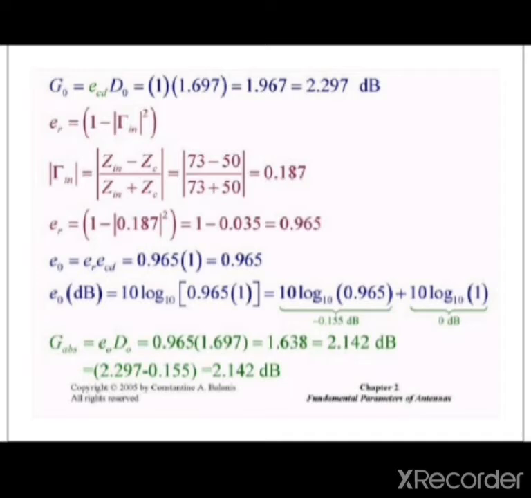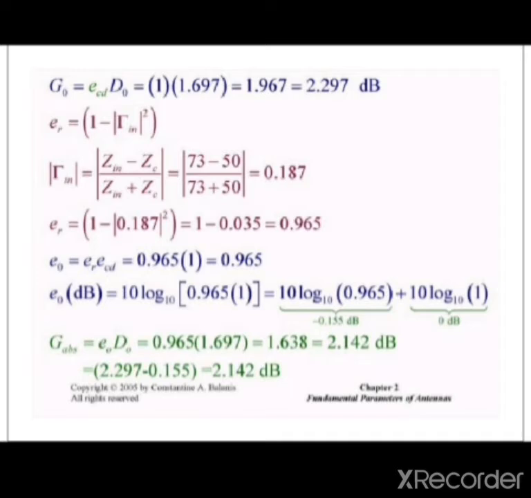What is the input impedance given? 73. What is the characteristic impedance? 50. Applying both, you will get the reflection coefficient, 0.187. Then you find e_r, the reflection efficiency, which is equal to 1 minus gamma squared, 1 minus 0.187 squared, which is equivalent to 0.965. This is the reflection efficiency.